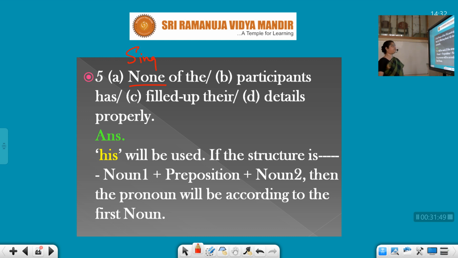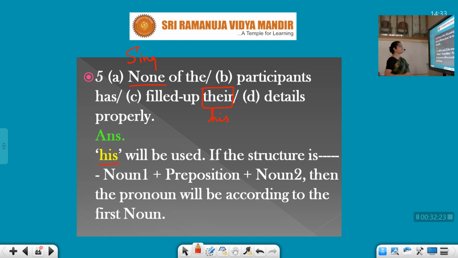Nobody means singular. None is singular. I am not talking about participants. All the participants have not filled up their details, that is correct. But here I am saying none of the participants, so none means singular. None of the participants has filled up his.